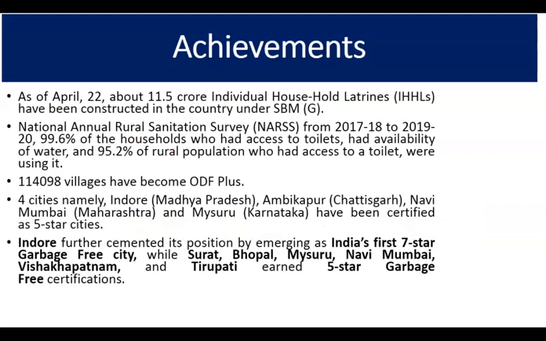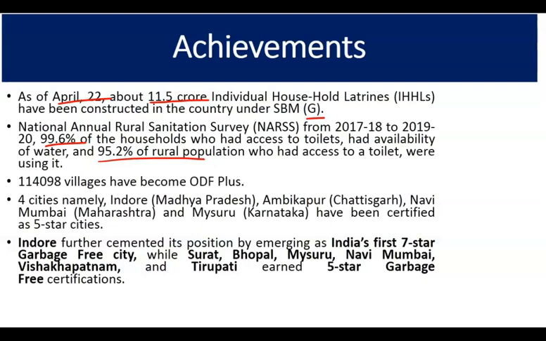Now moving to the achievements of the scheme. Till April 2022, 11.5 crore individual household latrines have been constructed in Swachh Bharat Abhiyan Gramin. According to the National Annual Rural Sanitation Survey, around 99.6% of the households with access to toilets have availability of water, and 95.2% of the rural population with access to toilets are using them.